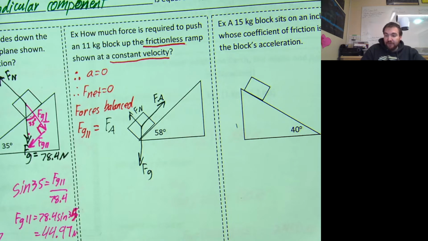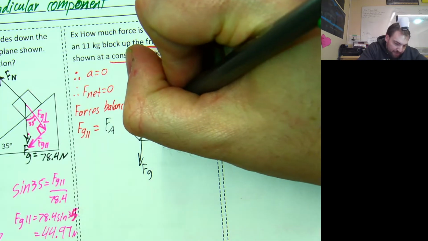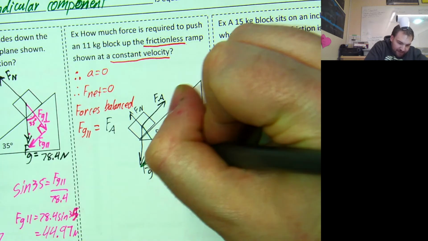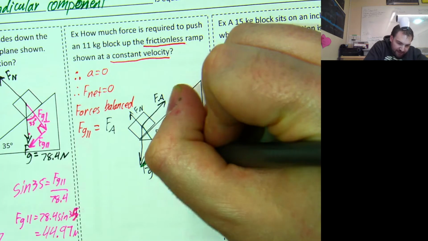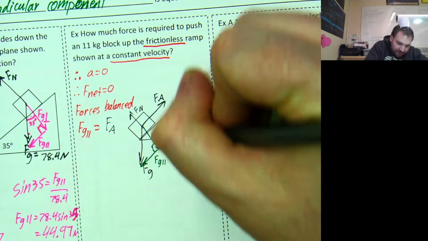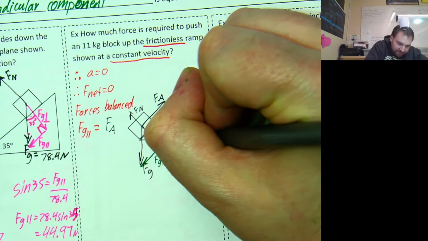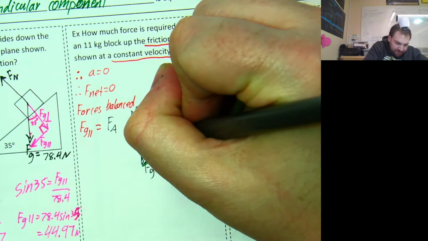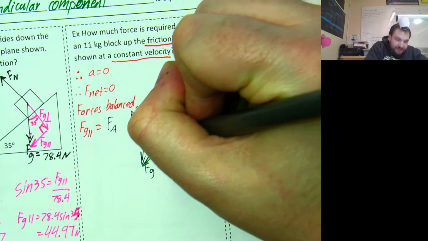So now we can go through and build our component triangle. That's perpendicular there. This is going to be Fg parallel. This guy here is going to be Fg perpendicular. And this angle right here is also going to be 58 degrees.